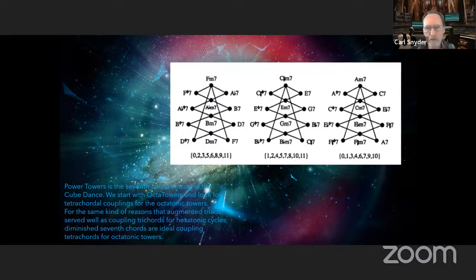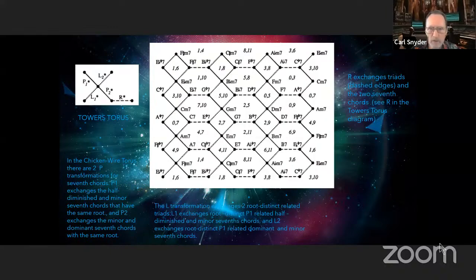I smell another geometrical construct about to appear, using the diminished seventh chord as the transition, and it's coming. So here we go again. Here's the shape for the tower's torus.